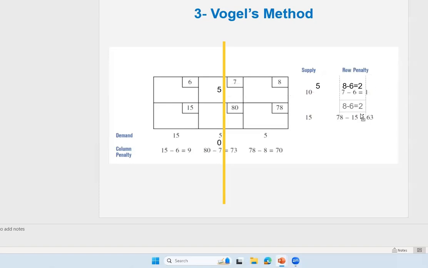And here 78 minus 15 again, it's going to be 63. The penalty here also hasn't changed. So only the penalty for that row changed.